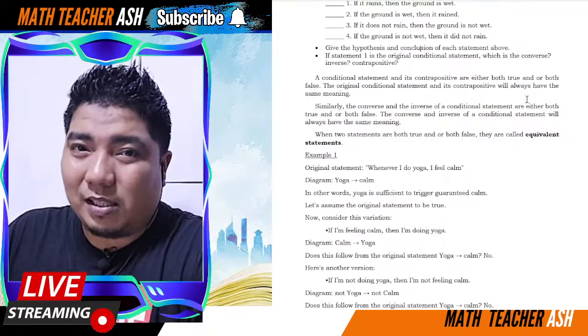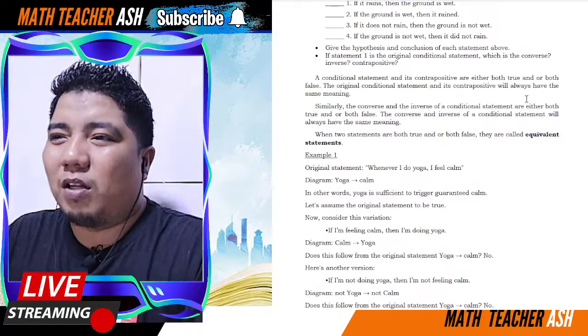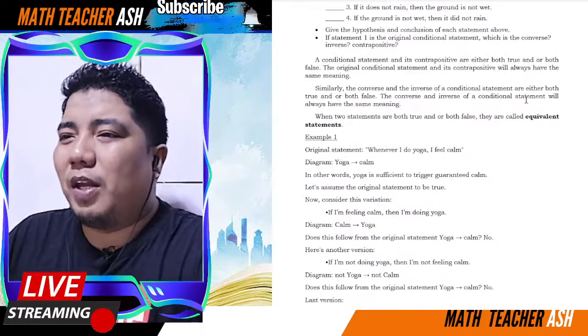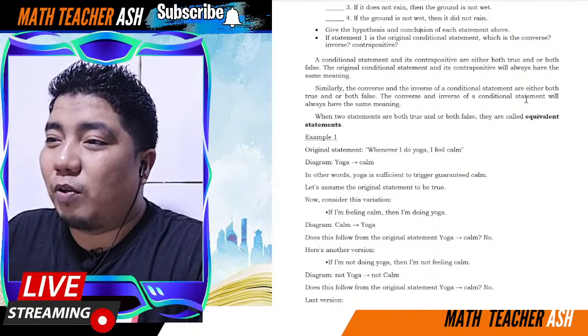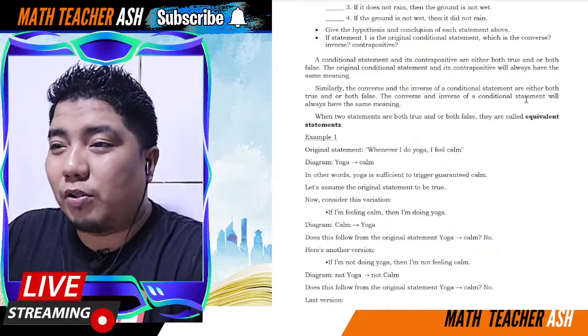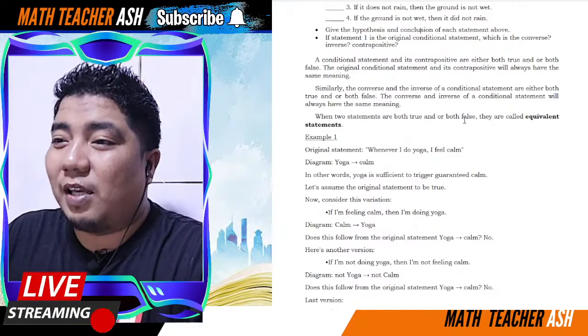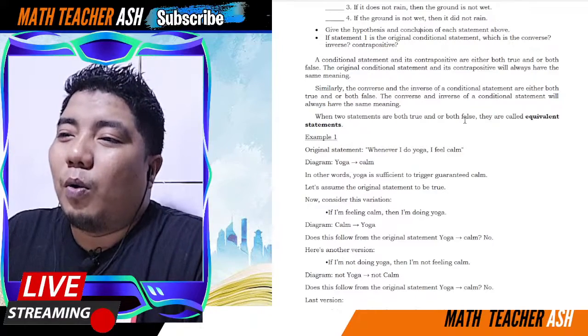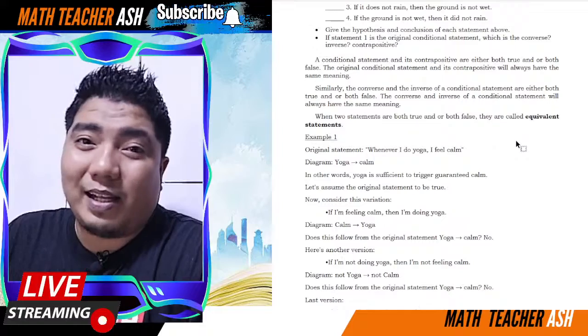Katulad kanina, di ba, sa square at saka quadrilateral. Binaliktad natin, kinuha natin converse, pero hindi naman parating tama. Anyway, so we have here, similarly, the converse and the inverse of the conditional statement are either both true or false. The converse and inverse of a conditional statement will always have the same meaning. Alright. When the two statements are both true or both false, they are called equivalent statements.